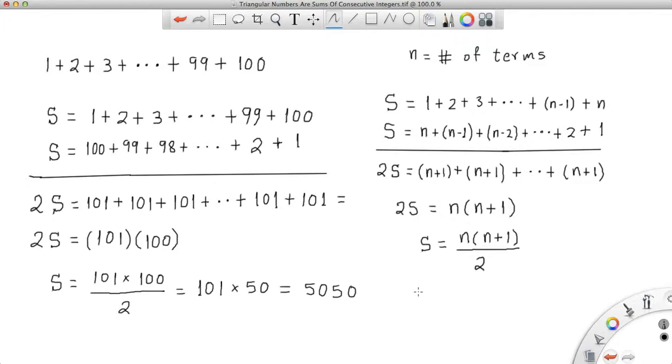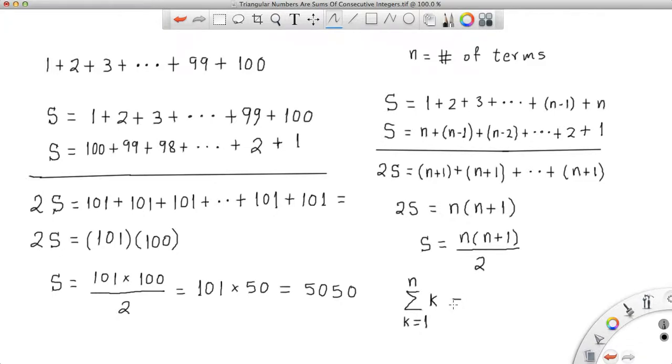Now the general formula with sigma notation for this is adding consecutive integers, starting with the number 1 and finishing with the number n, the last term. If we just add these numbers, notice that these are all consecutive numbers, not evens or odds or powers of anything. It's just that number k from 1 to n.